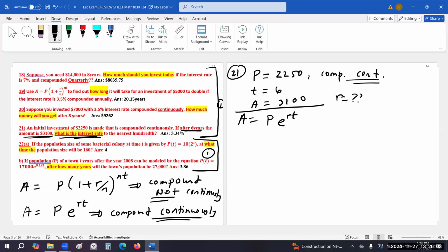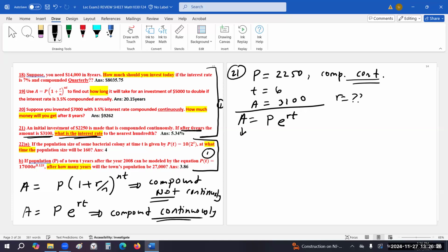They did not give us the interest rate. They gave us the final amount, the initial amount, and the time. So r is missing. Since r is missing, in order to solve for r, we need the help of ln. So we substitute everything.